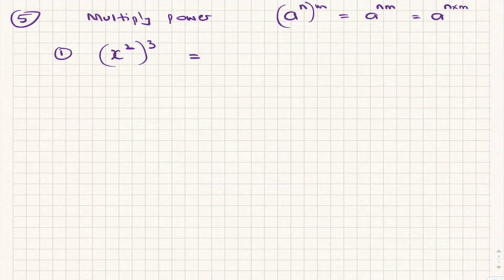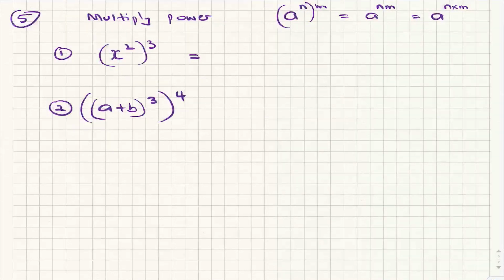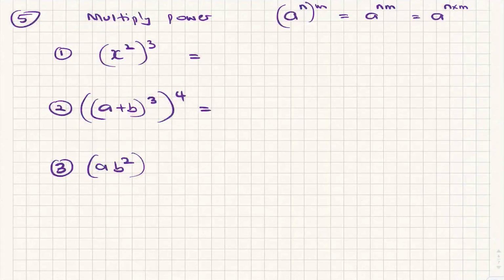You need to see if you can do that. Example number 2 will be a plus b to the power of 3, in brackets, to the power 4. And example number 3 will be a b squared to the power of 4. Now have a go, see if you can do these questions, and then pause and then check the answer afterwards.